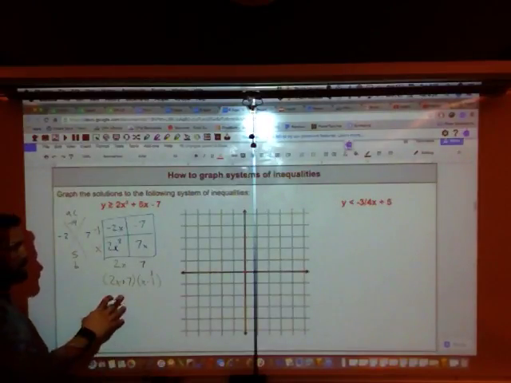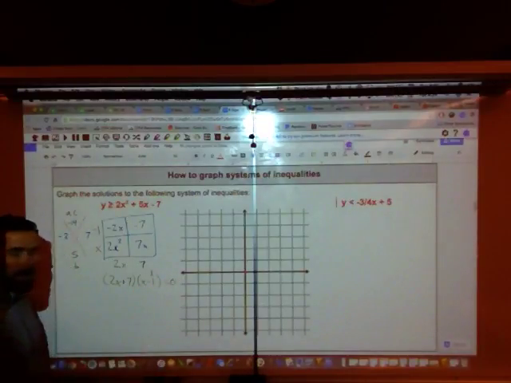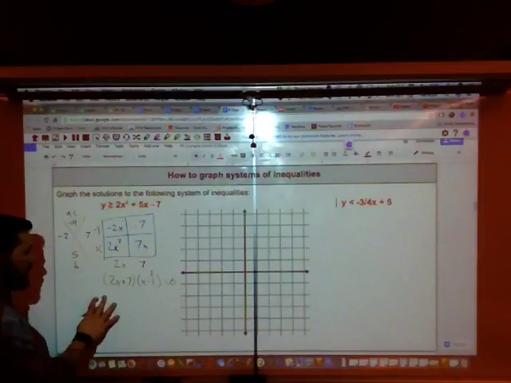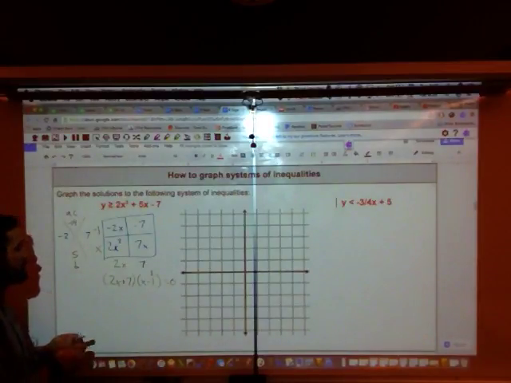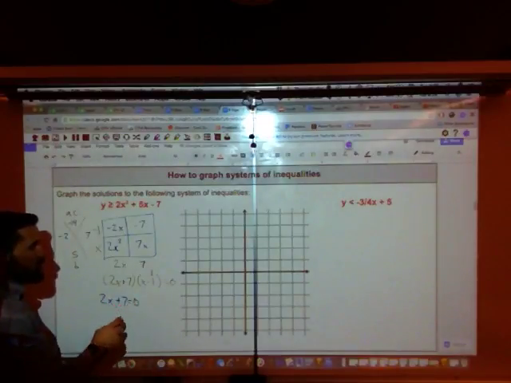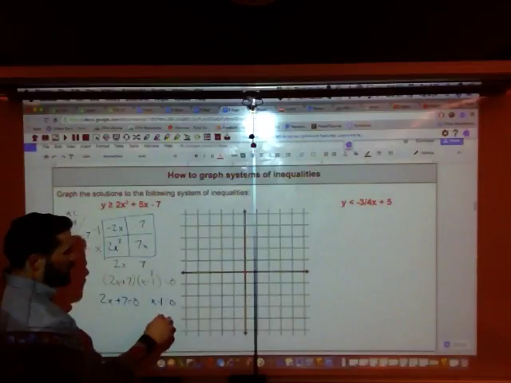So now I know the roots. If I set this equal to 0, zero product property, I'll set this equal to 0. I'm going to go different color for you guys. 2x plus 7 equals 0 could be one of the roots, and x minus 1 could be the other root. This one I just know it's going to be x equals 1.